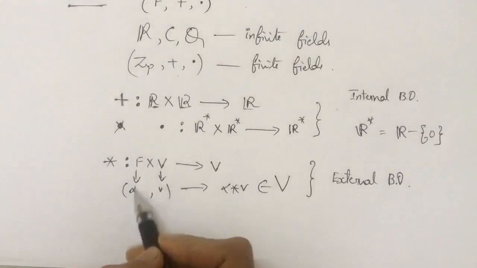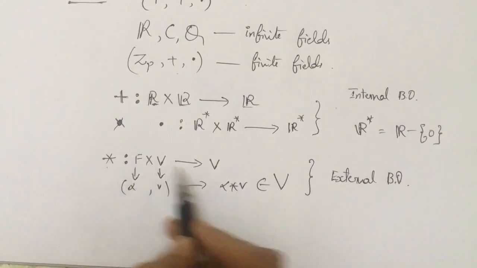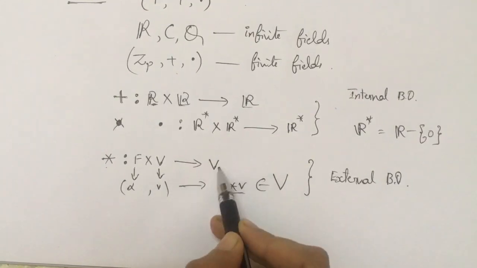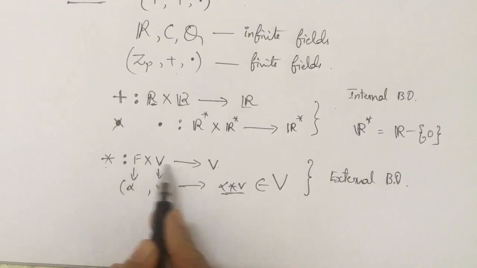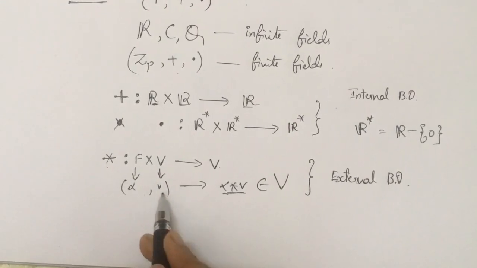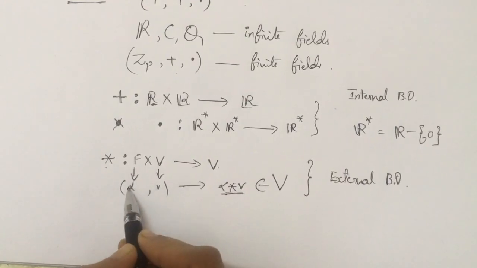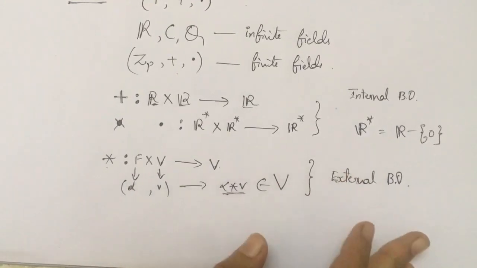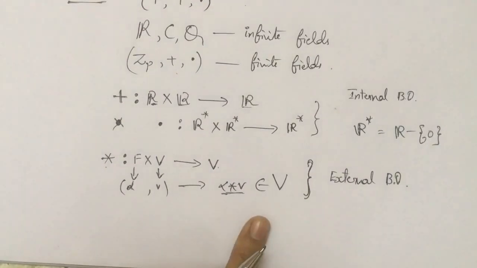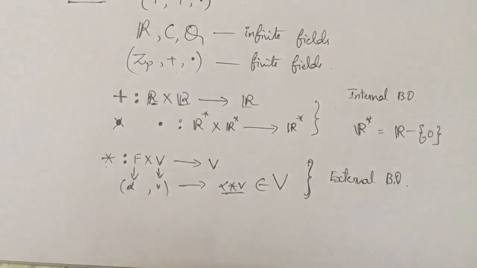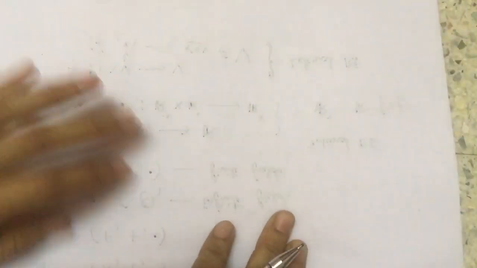It means I'm taking elements from two different sets and applying the binary operation, and the resulting element is in one of the sets. Always I should write it like this. If I write it in the reverse order, then the ordered pair is reversed, so it has some other meaning. An ordered pair means you need to write it in order. So this external binary operation I'm using in vector space. So we define vector space.